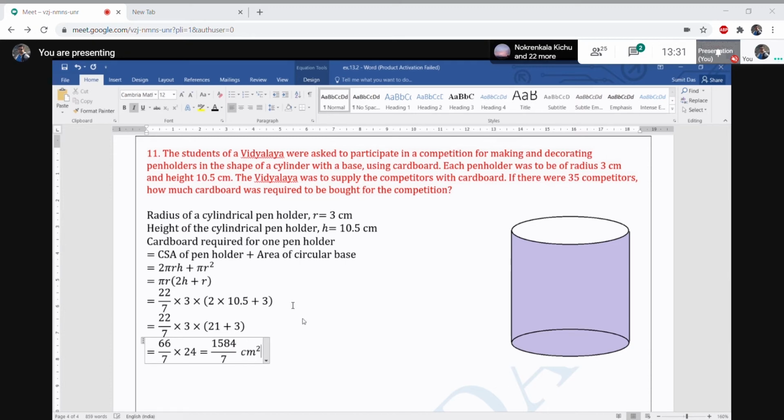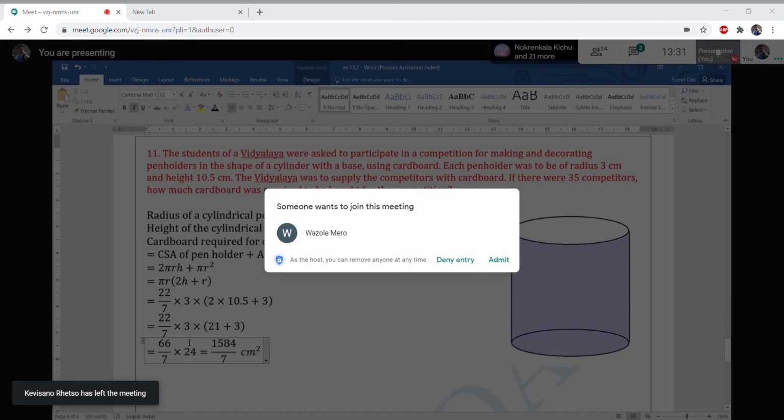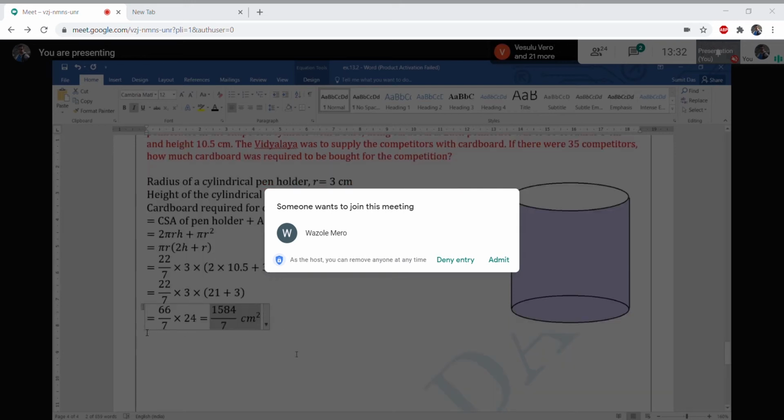After that I will not do anything. I will not write it in decimal form, because here we ask how much cardboard is needed. We don't ask what is the required area of a pen holder.